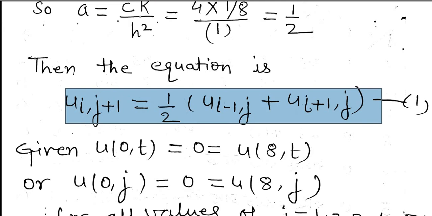Now we are going to apply the boundary conditions. The boundary conditions are u(0, t) equal to 0 and u(8, t) equal to 0.